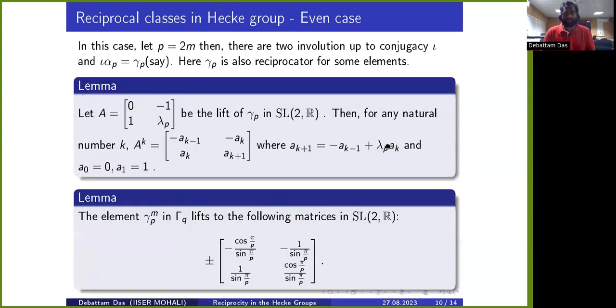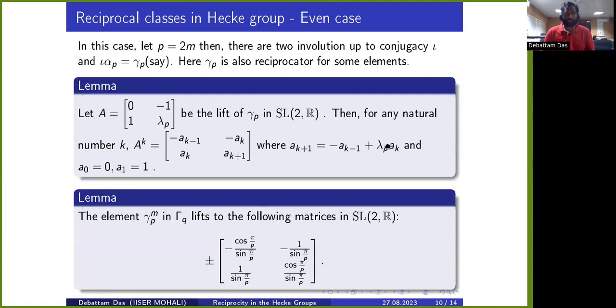For the even case, we have two types of involutions up to conjugacy. For that, the reciprocators are also conjugate to either iota or gamma p to the power m. So first we calculate gamma p to the power m.